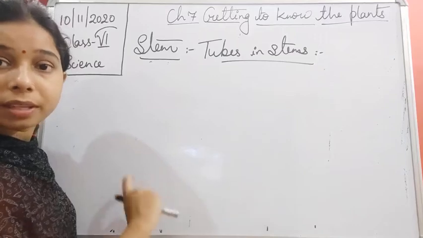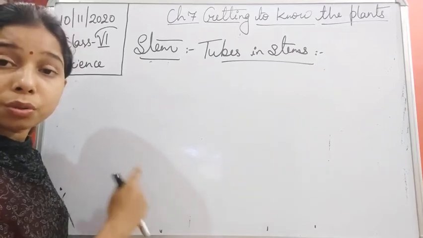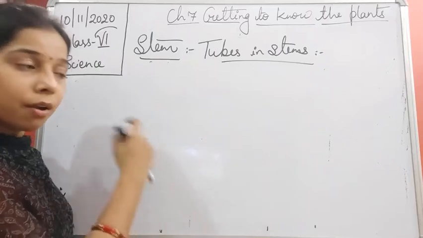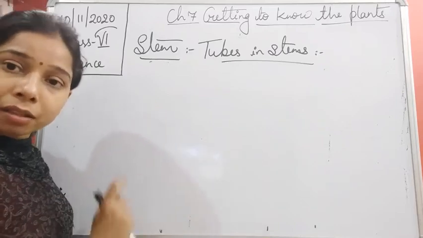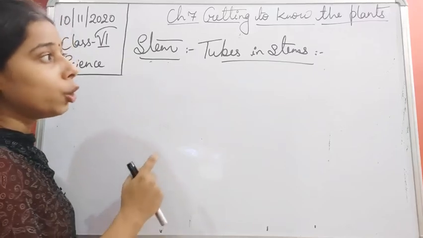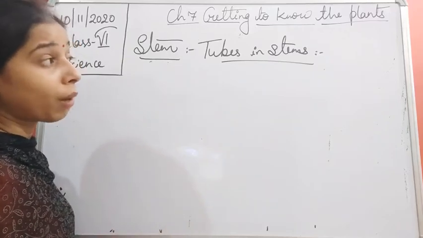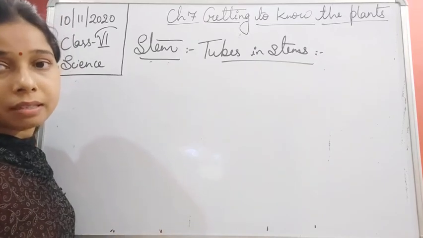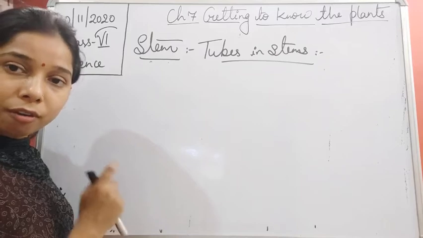It is used to carry water and other things from one place to another. That is the role of a tube. So why are tubes present in the stem? They are also present in the stem to carry things from one place to another.